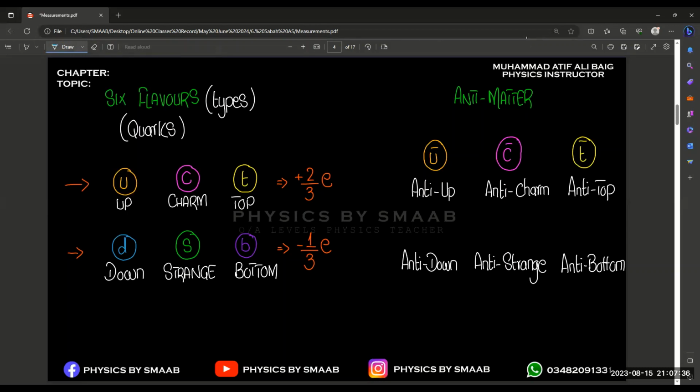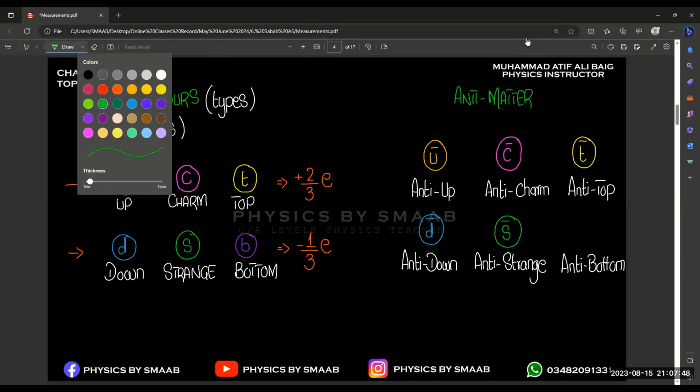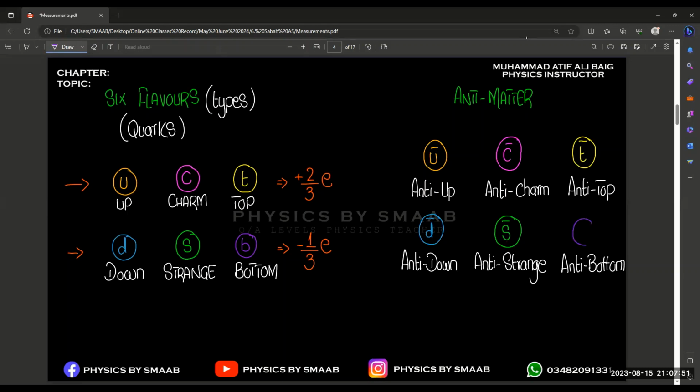We are having for down, anti-strange, B, anti-B. And the charges will be different. For the first category, we are having charges of -2/3e, and for the lower category, we are having +1/3e, right? So these are the matter and antimatter and their charges, right?